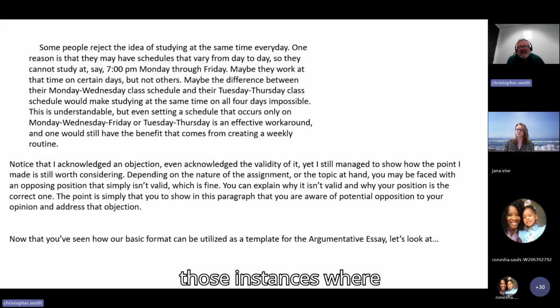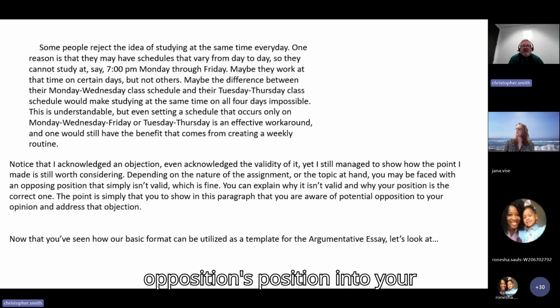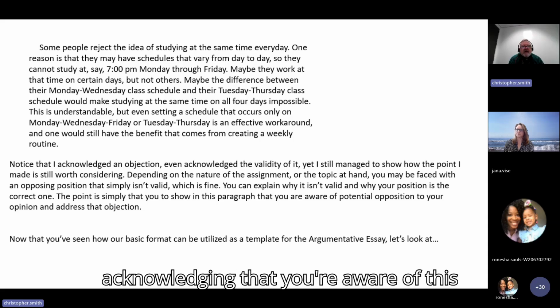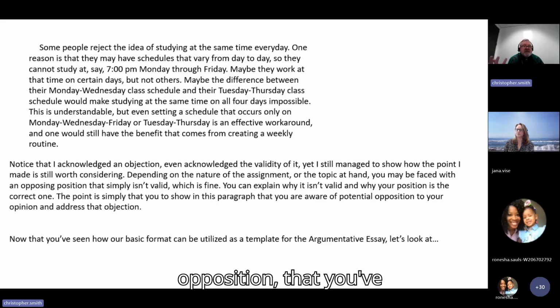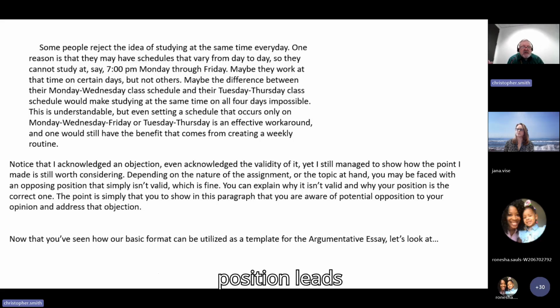But even in those instances where there isn't room to incorporate the opposition's position into your paper, the very fact that you are acknowledging that you're aware of this opposition, that you've investigated to a certain extent their position, leads to your looking more trustworthy.